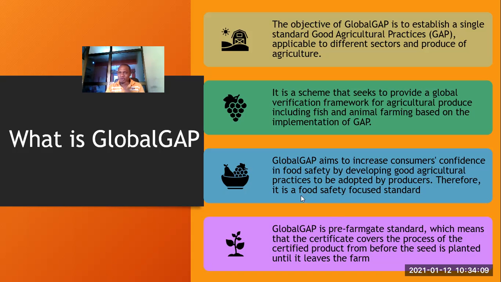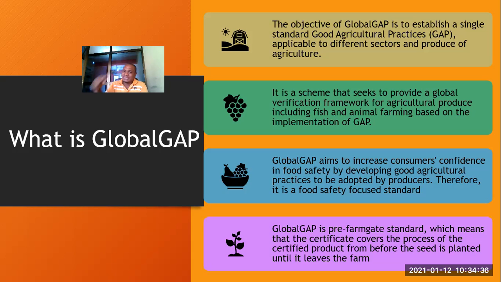And then moreover, GlobalGAP aims to increase consumers' confidence in food safety. So all the good agricultural practices that you are going to implement should answer some questions about food safety. So once you go GlobalGAP, the aim of GlobalGAP is to increase the consumer's confidence in food safety.